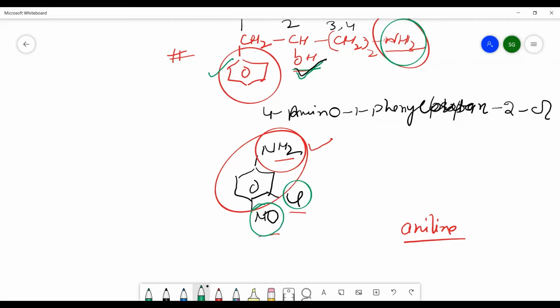So it will become 3-chloro-4-nitroso. NO is known as nitroso. So likewise you can do the nomenclature of the various compounds regarding amines. So many compounds are there for which you can do the nomenclature.